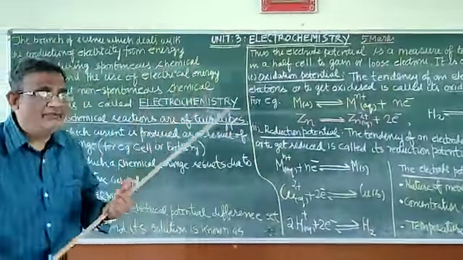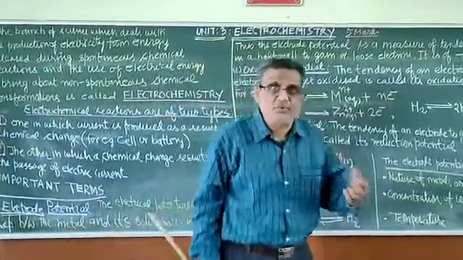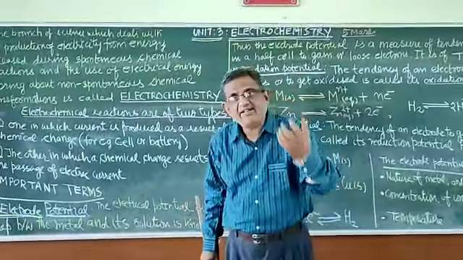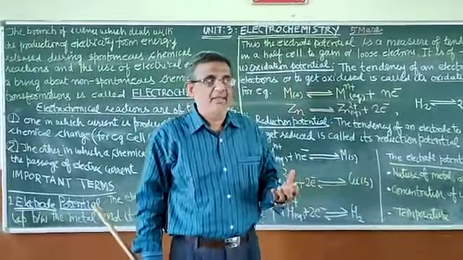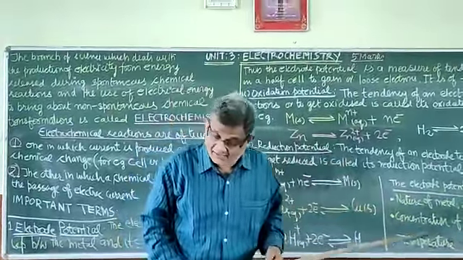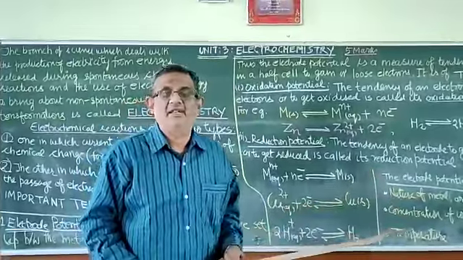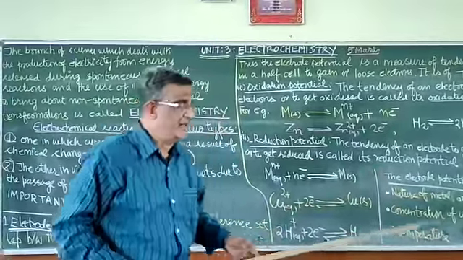Now, before we begin the chapter, I would like to explain to you what is electrochemistry. You are learning it in class 12 and it's a very important chapter. Let us first define what is electrochemistry.